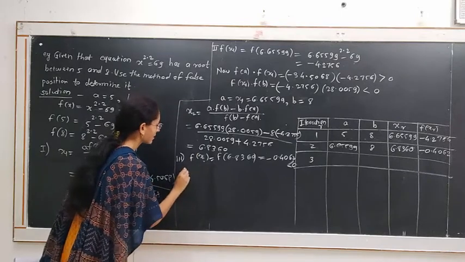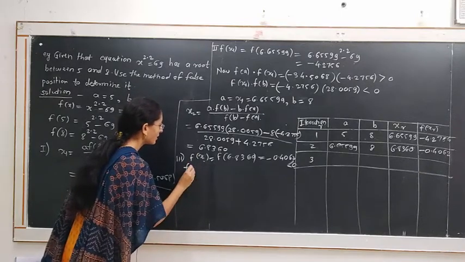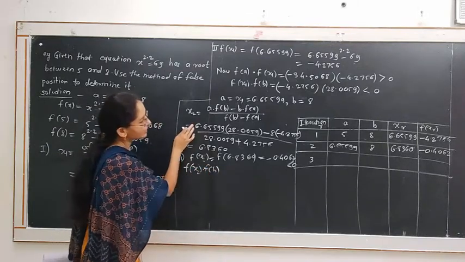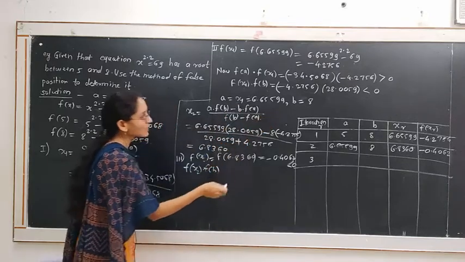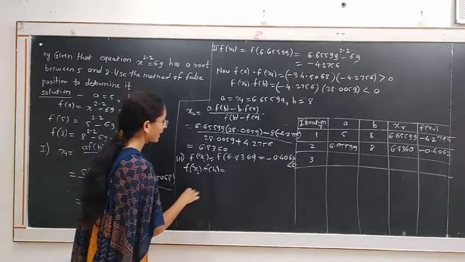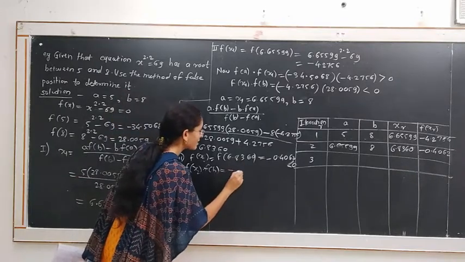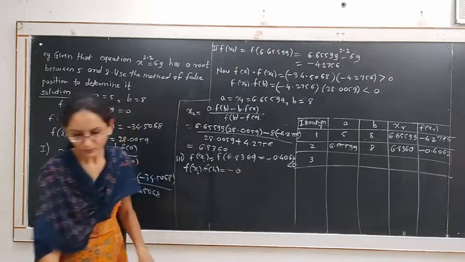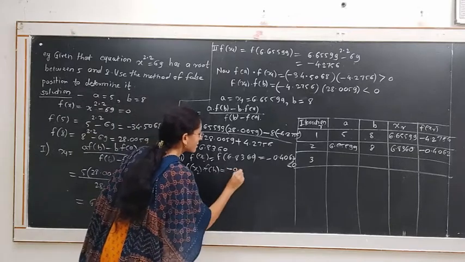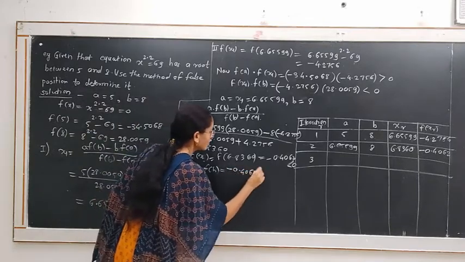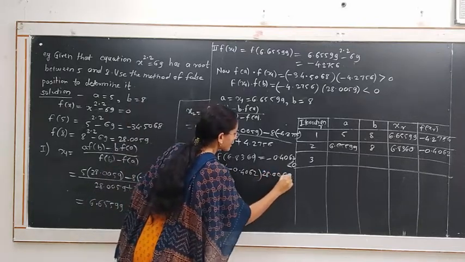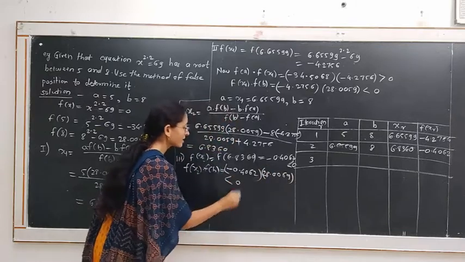Hence, we consider the product f of x2 into f of b. In the previous step, f of b value is positive, equal to 28.0059. f of x2 is negative, minus 0.4062, into f of b value 28.0059. This product is negative.